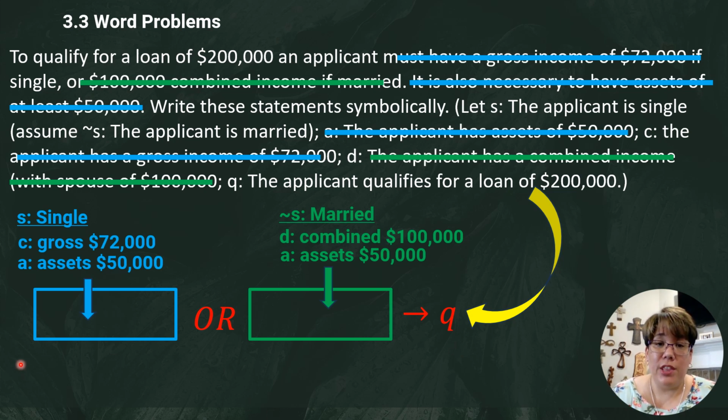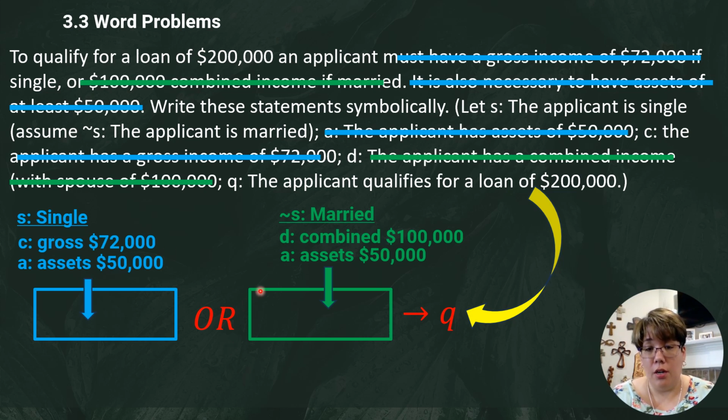Okay, so this is where I'm leaving it with you, because this is where you should now be able to write this statement. Here's what you have. If you're single and you have gross income and you have assets, you have to have all three of these things: this and this and this.